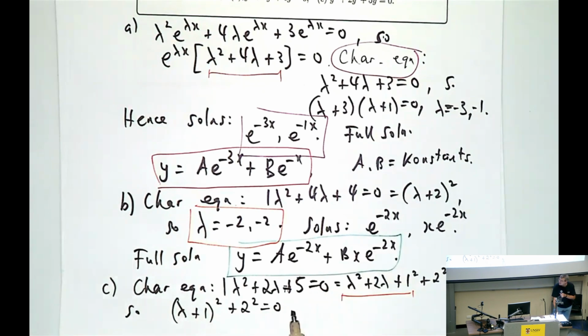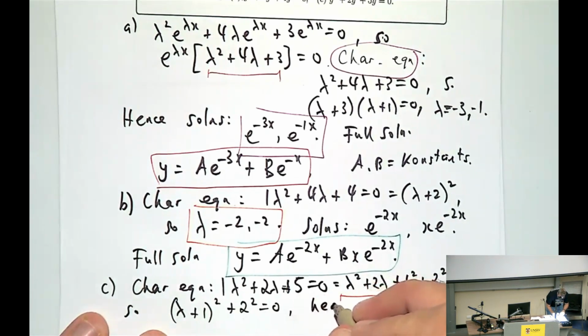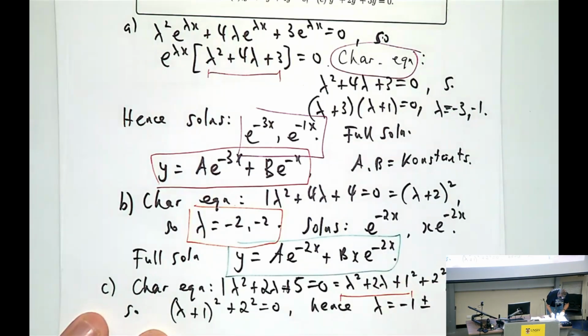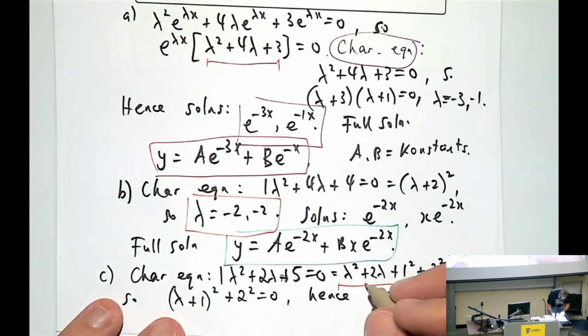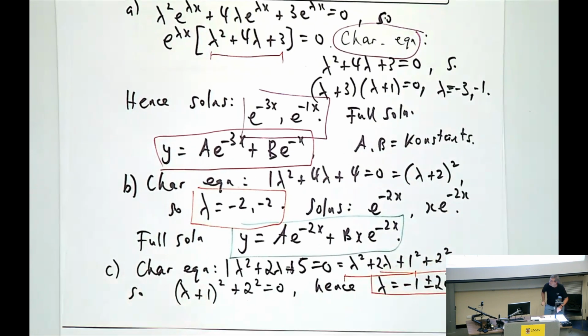All right, take the 2 to the other side, you get negative 2 squared. So, assuming you can solve that quadratic and get the complex lambdas, what does the solution look like? Well, you've got an exponential in there, but you've got cosine and sine as well.